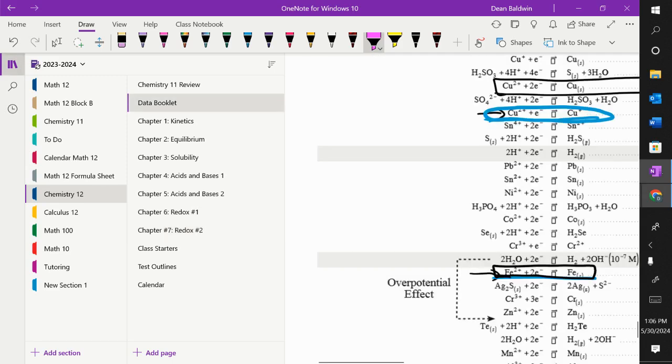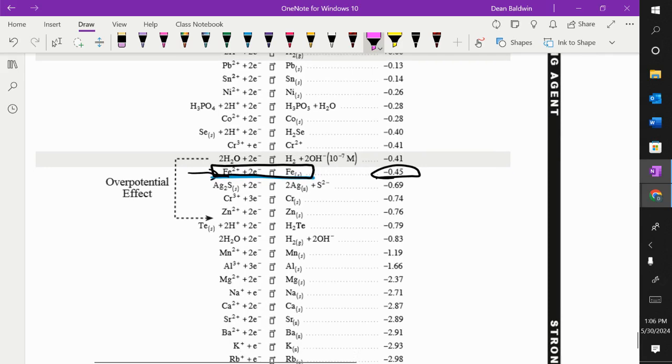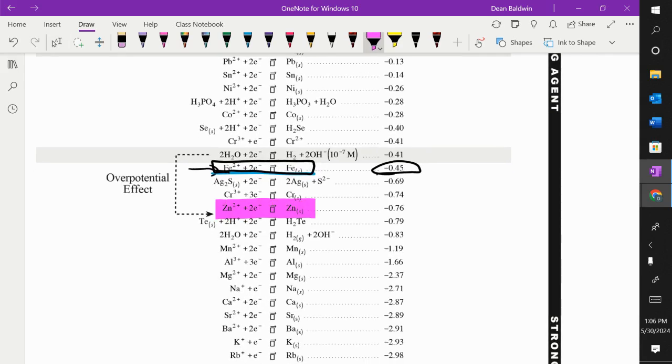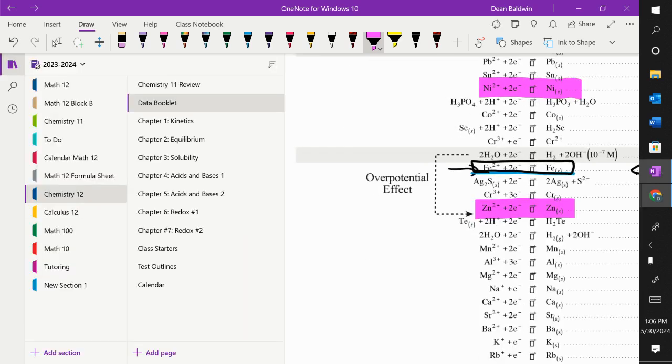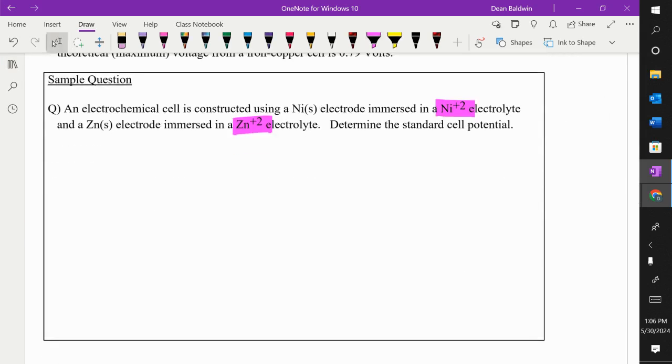Go to your data booklet. I mean, this is the reaction we just wrote up on the board. There's zinc right there. There's nickel right there. Nickel wins. So nickel is the one that will be reduced.